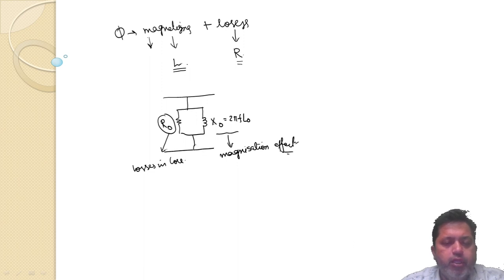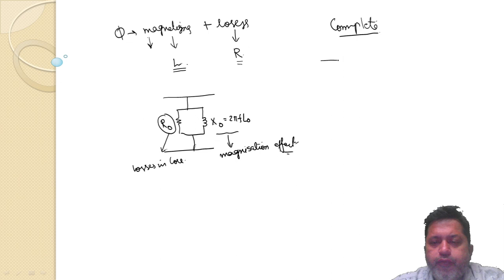Okay. So in all we have seen how to model the transformer parts. Now we'll see complete transformer modeling. So let us see. First of all, the primary is there. The primary winding is modeled by RP and XP in series.